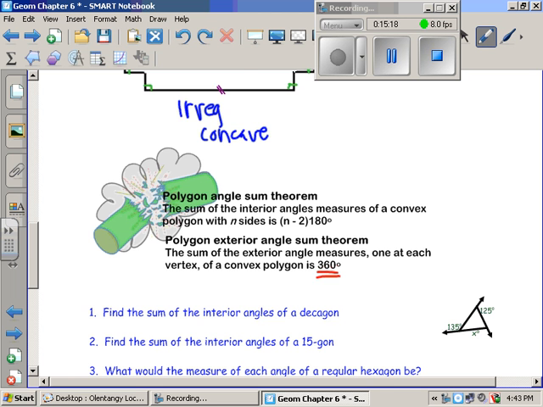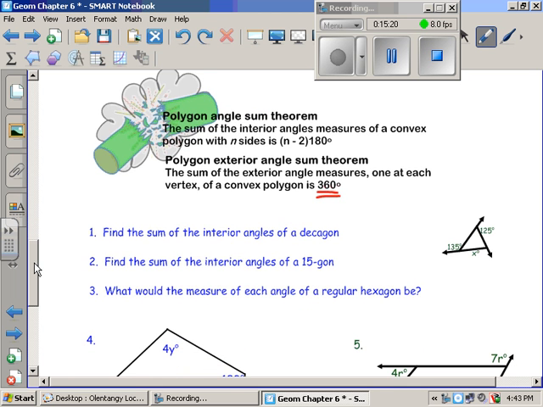Okay? So if I want to find the sum of the interior angles of a decagon, a decagon has 10 sides, so I plug it into my formula. The number of sides minus 2 times 180, and I get 8 times 180, which is 1440.